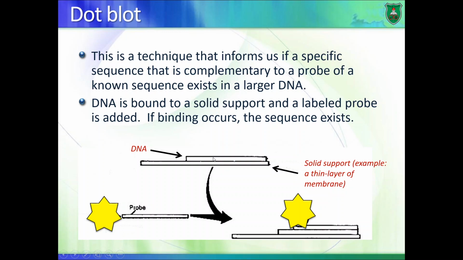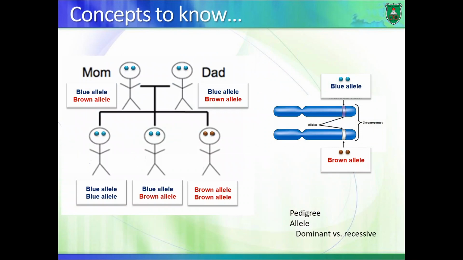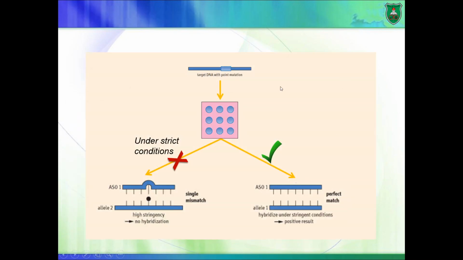So how do I know that there's interaction? Because now the spot would give a signal, whether it's a radioactive or a fluorescent signal. Okay, so same idea here in the previous slide. I take a sample from different individuals and I place them on this piece of paper.